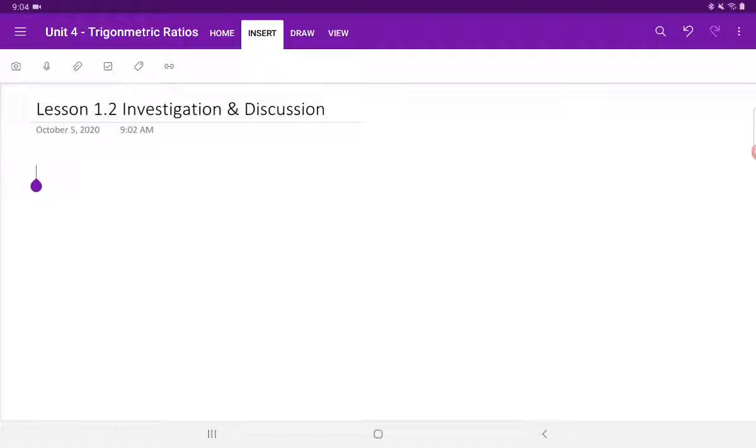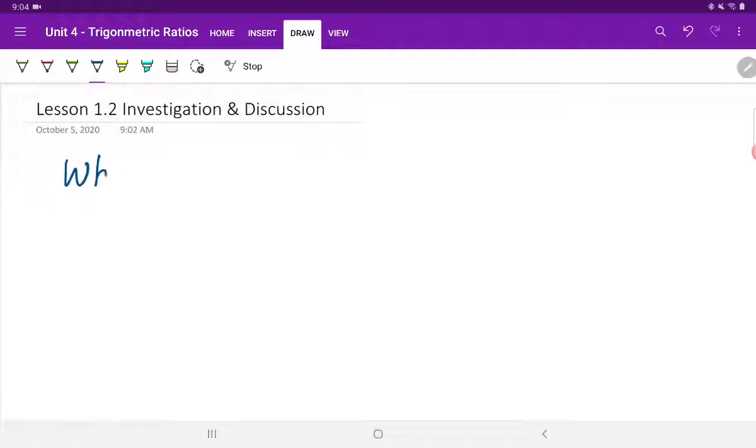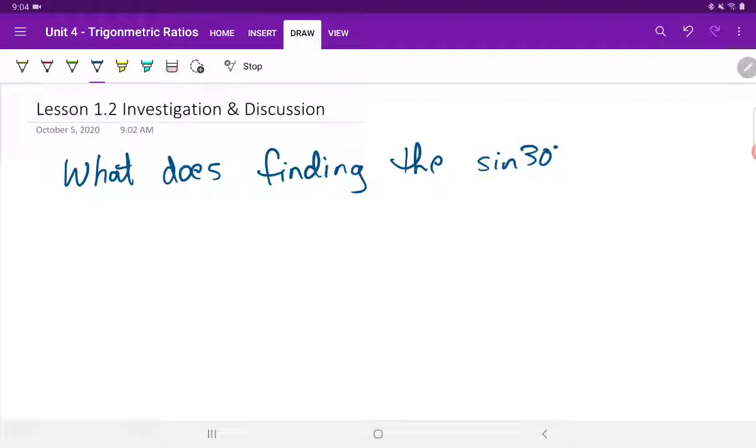And so before beginning, I want to ask the question and make sure that we understand what does finding the sine of 30 degrees actually mean, or mean in words?